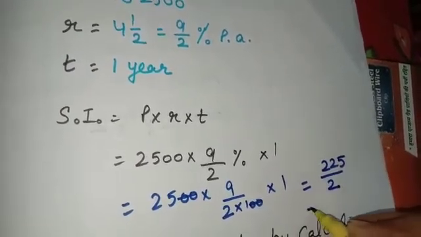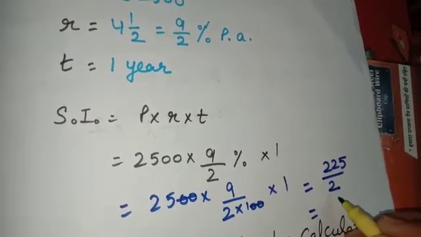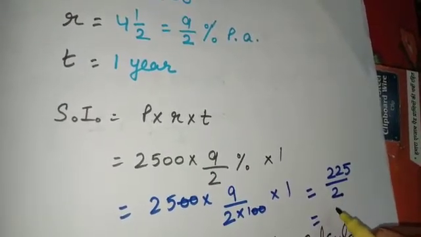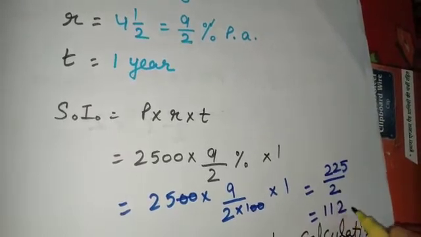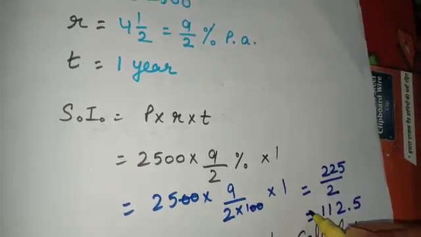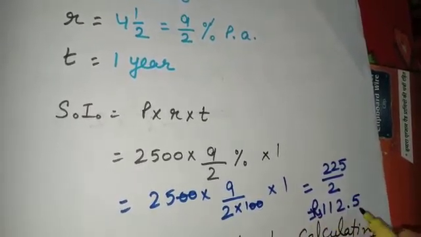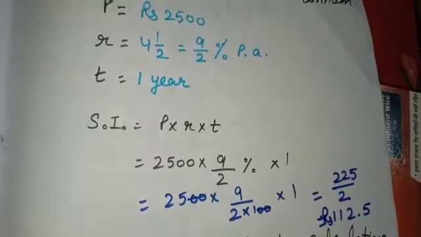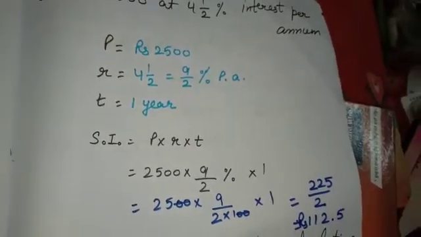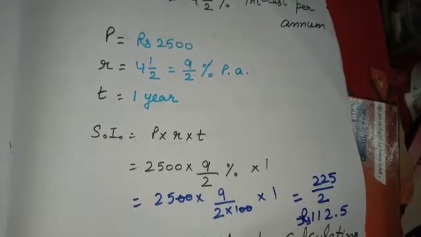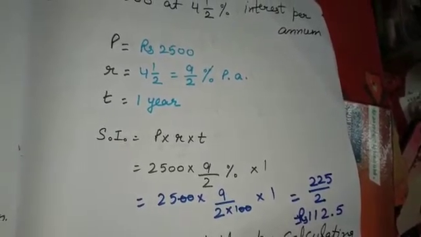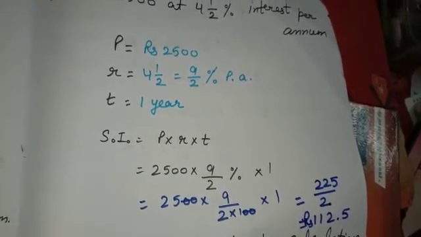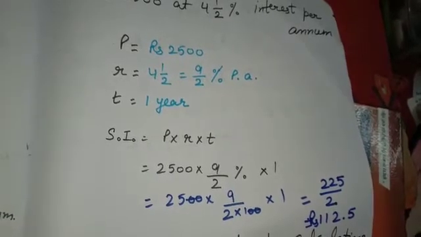As this is in fractional form, convert into decimal. It is 112.5. This is rupees 112.5, the simple interest in this part. Okay, this is the C part of the question. In the same way, we can solve its remaining parts. Those you will do on your own.